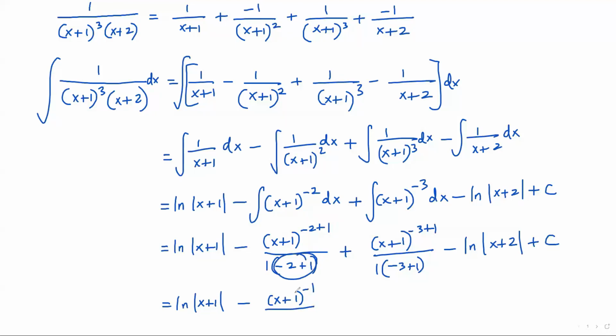The simplification of this one is negative 1 times negative 1 times (x + 1). The simplification of this one is negative 2 over 1 times negative 2, minus ln of the absolute value of x + 2, plus c. Okay, let me continue on the next page.